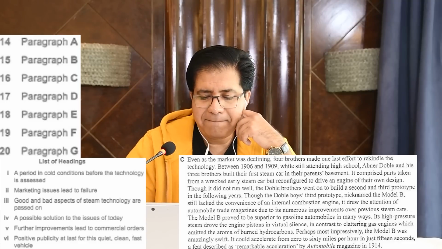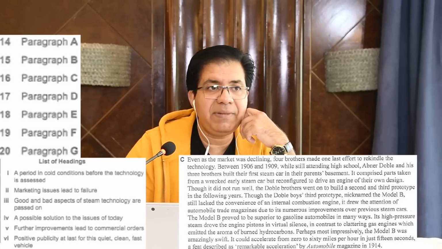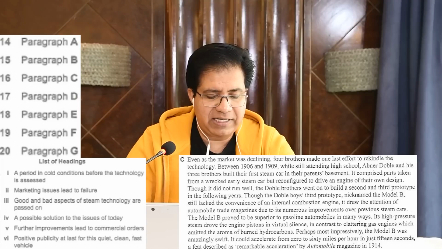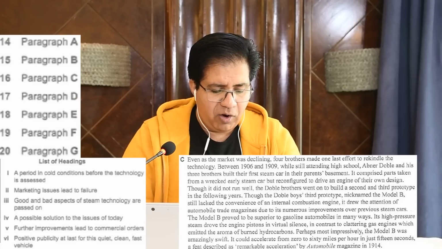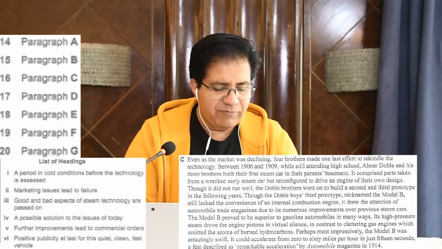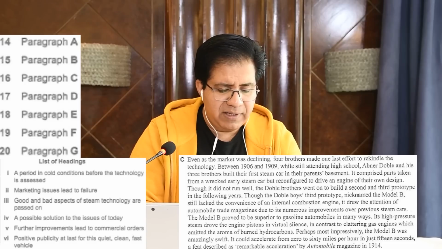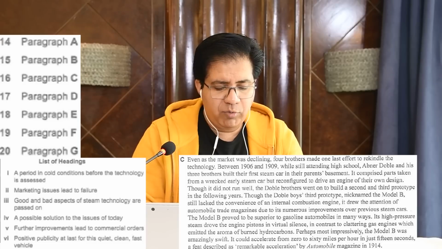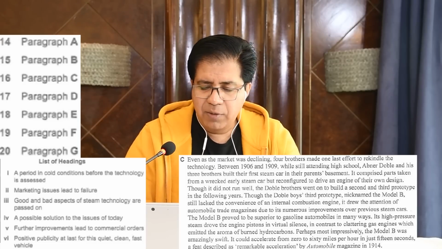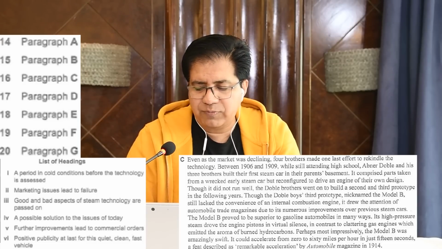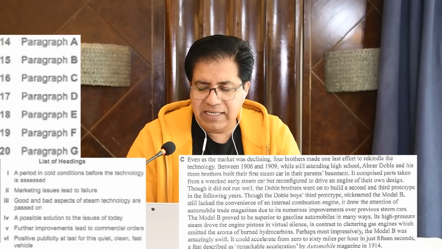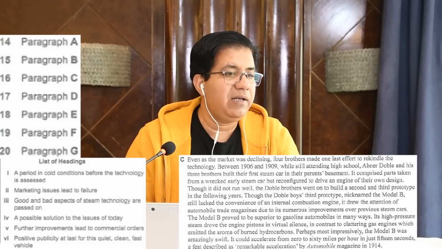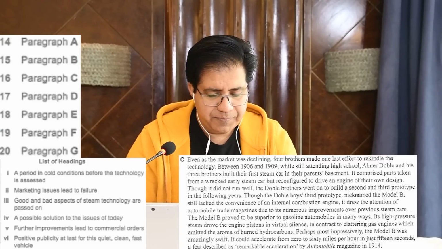Heading number 6, positive publicity. Now what is positive publicity? That is, it came in Automobile magazine. And what was the publicity? Remarkable acceleration by Automobile magazine. So that is positive publicity at last for this quiet, clean, fast vehicle. What is the word for quiet?